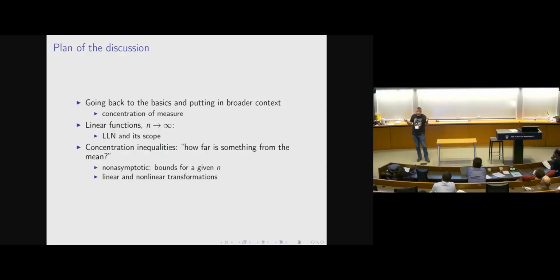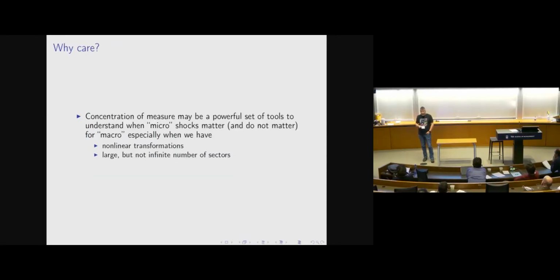I'm going to see what's the scope of the law of large numbers is. It has nothing to do with concentration of measures yet. And then I'm going to ask the following question. How far is something from its mean if the function is nonlinear, in particular, and if we are not in the situation where we have infinitely many of the random variables, but we have a finite number of n. And the powerful set of tools called concentration inequalities allow us to answer this kind of question.